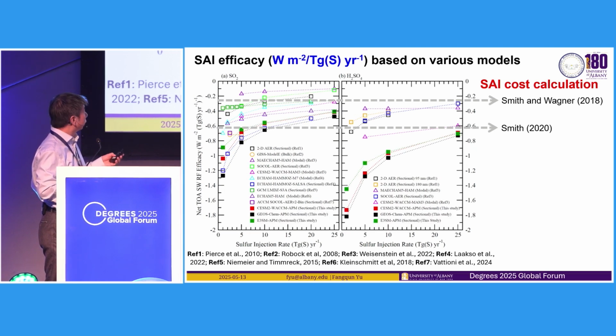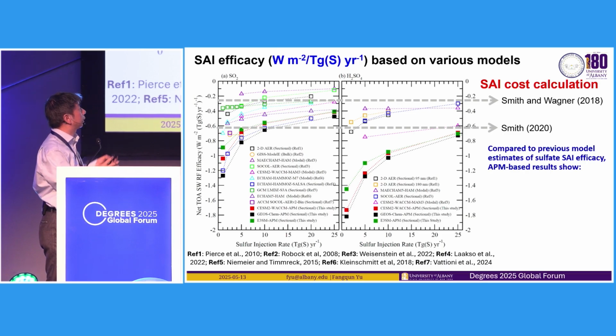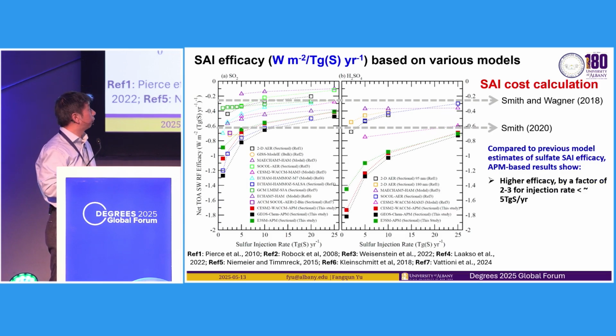The solid symbols are based on 3 different APM models. These models have differences, but they are similar. So let me quickly summarize what we found based on this comparison of SAI efficacy. Again, efficacy is the radiative forcing per injection rate. We find first that the APM-based models have high efficacy.